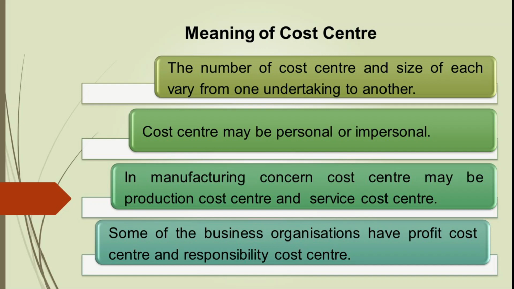In profit center, both inputs and outputs are capable of measurement in financial terms, and it provides more effective assessment of the manager's performance, since both costs and revenue are measured in monetary terms. A division of a company which produces and markets the products may be called a profit center. The performance of a profit center is evaluated in terms of whether the center has achieved its budgeted profits.